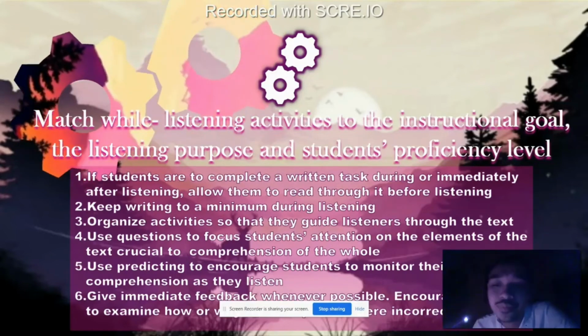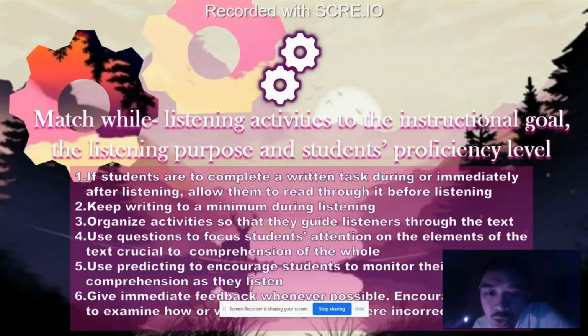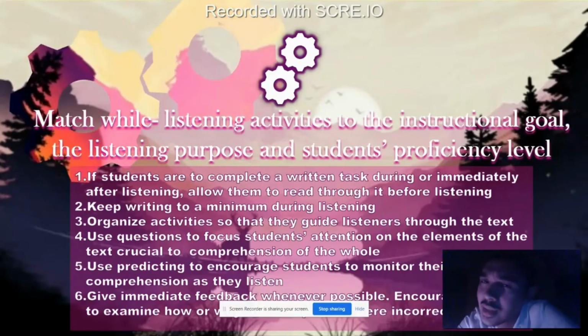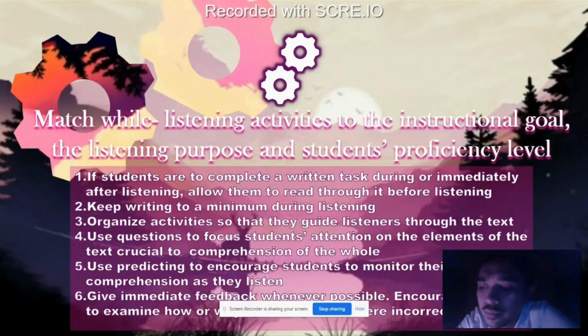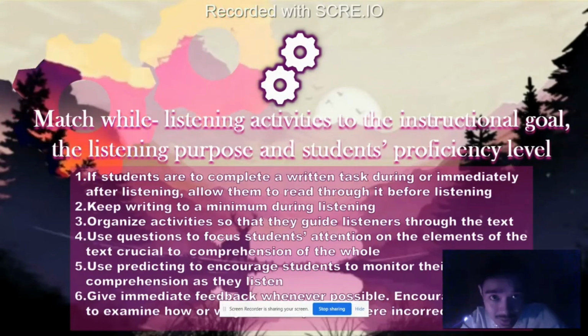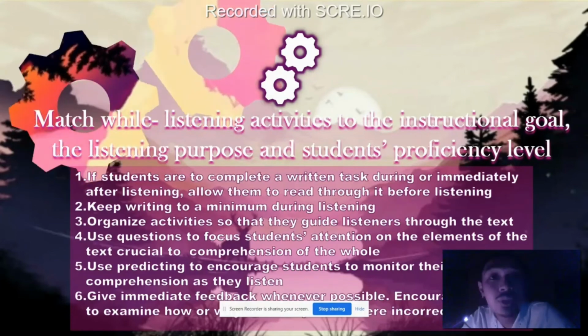And number five, use predicting to encourage students to monitor their comprehension as they listen. This tactic is used by teachers to excite learners.